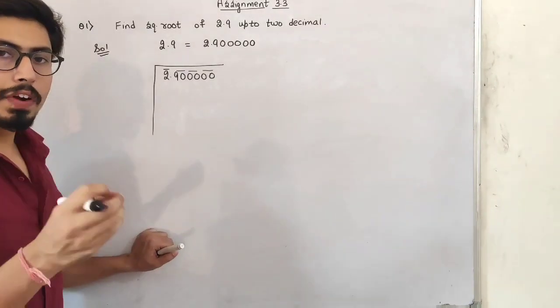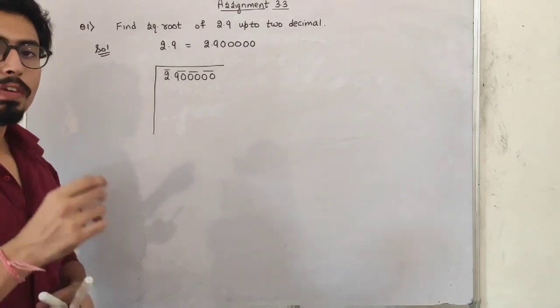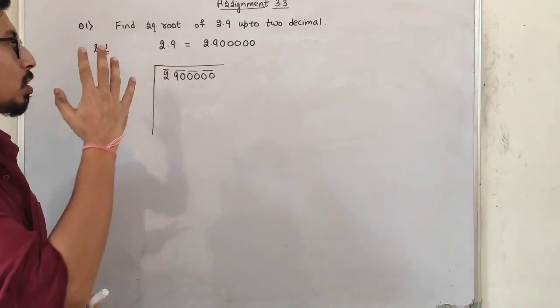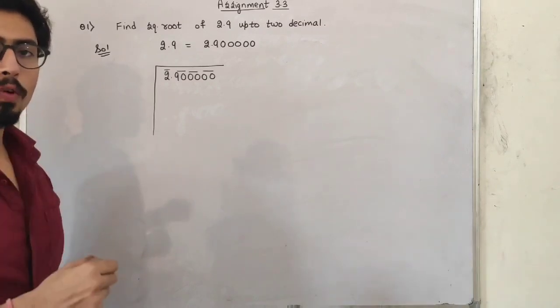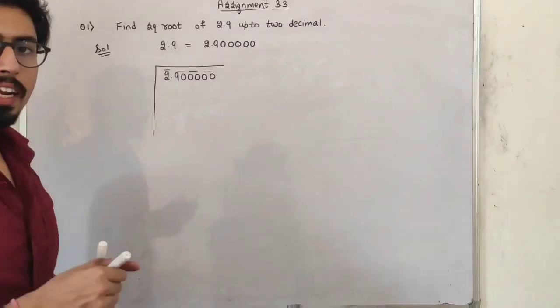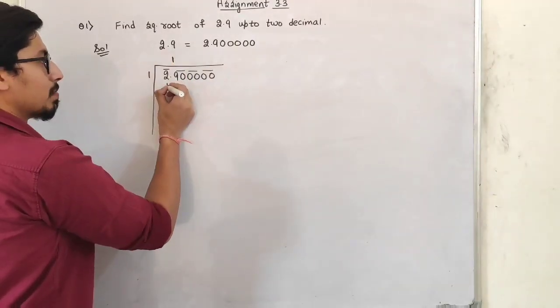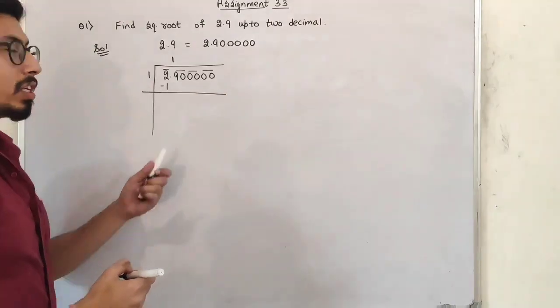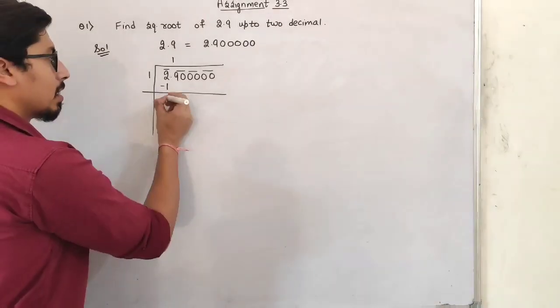Now we have 2, so we will take a number whose square is near to this 2. We know that 1 square is 1, which is nearer to 2, because if we take 2, its square will be 4, which is greater than 2. So we can't take 2; we just write 1 here and 1 here. So 2 minus 1 will be 1.